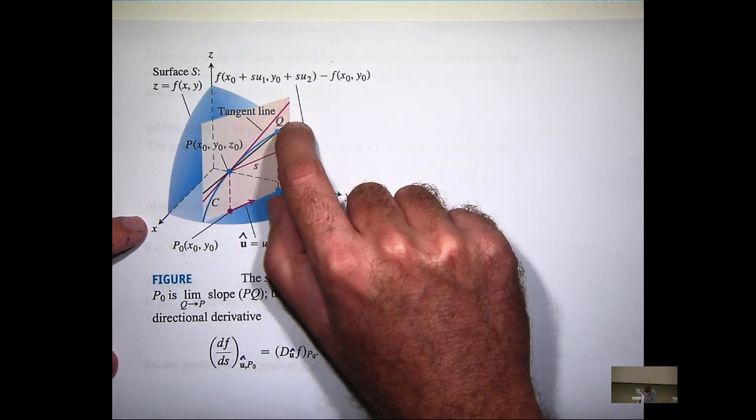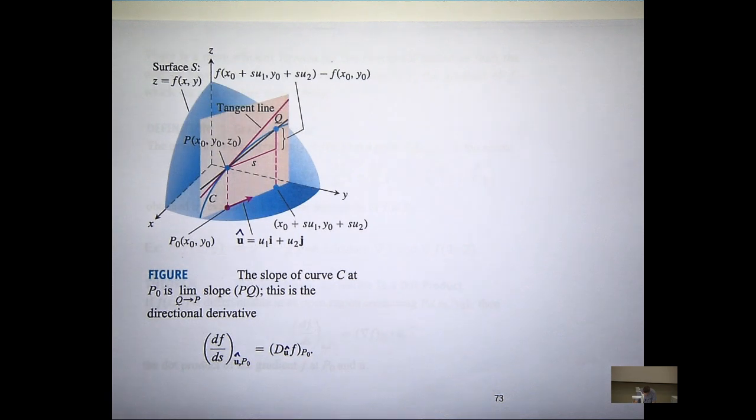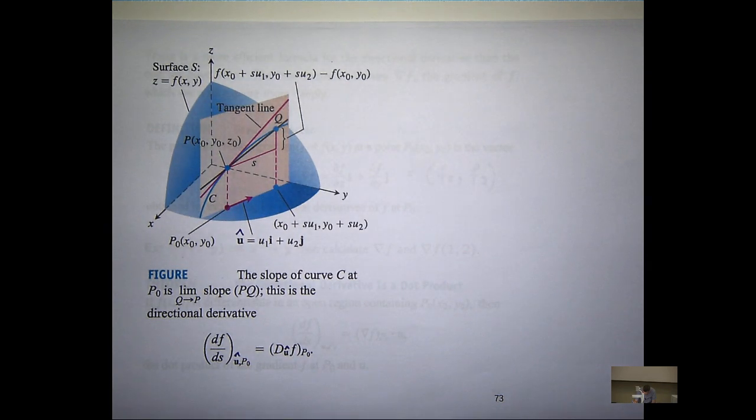Now, that blue curve will have a tangent line associated with it. In the limit, the directional derivative at the point P0 is just the slope of that tangent line. So the directional derivative agrees with what you already know, your idea of a derivative. It's a slope of a tangent line, but this is a special tangent line.